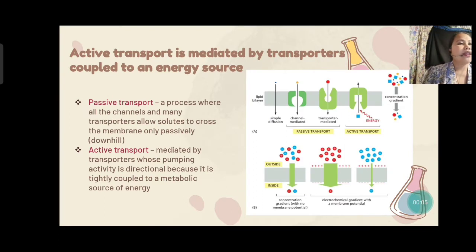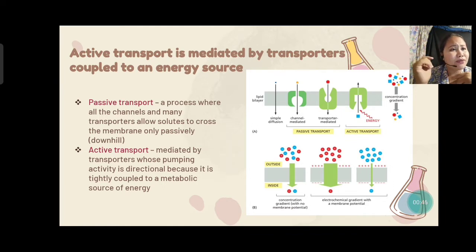The third principle of membrane transport is that active transport is mediated by transporters coupled to an energy source. Before explaining that, we should also know that there are two types of transport: passive transport and active transport. What is passive transport? Passive transport is a process where all the channels and many transporters allow solutes to cross the membrane only passively. Meaning passively, it is a downward motion, a downhill motion.